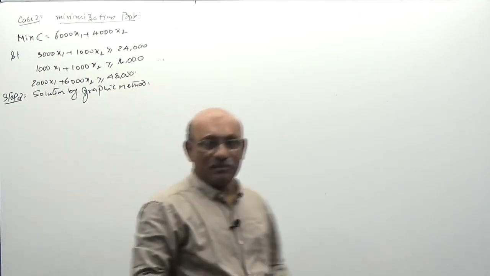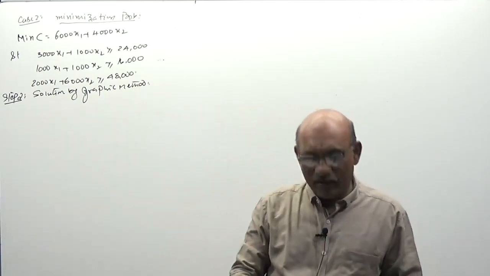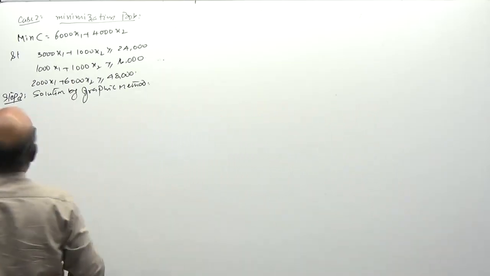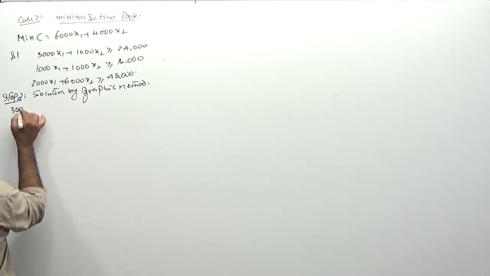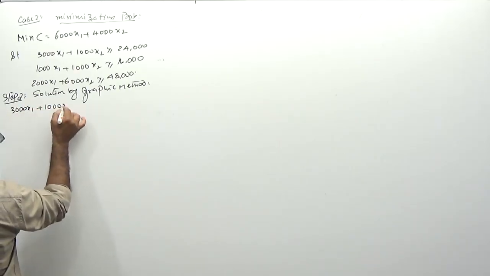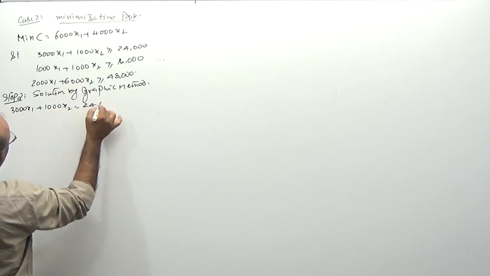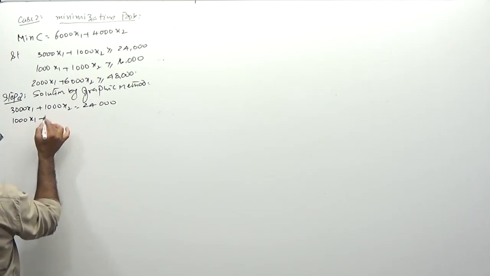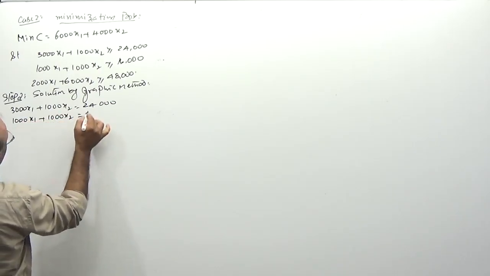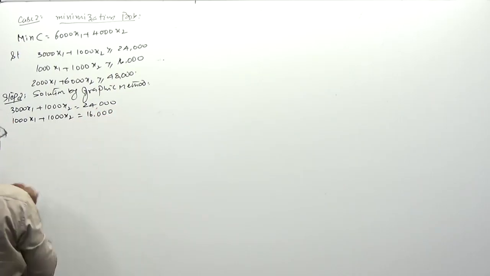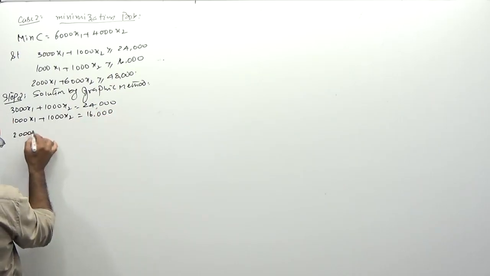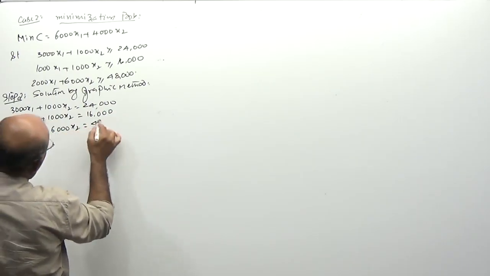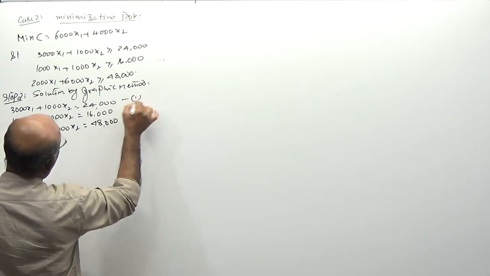When I am solving the problem, I will consider inequalities as equalities. So it is 3000 into x1 plus 1000 into x2 equal to 24,000. 1000 into x1 plus 1000 into x2 equal to 16,000. 2000 into x1 plus 6000 into x2 equal to 48,000.